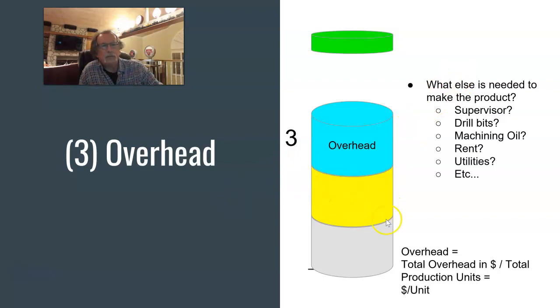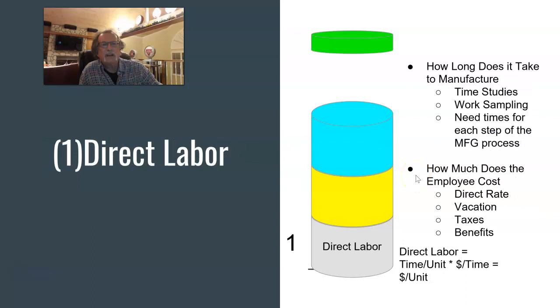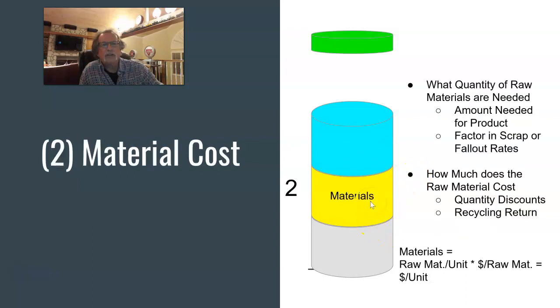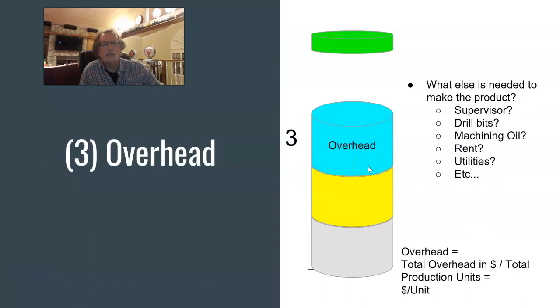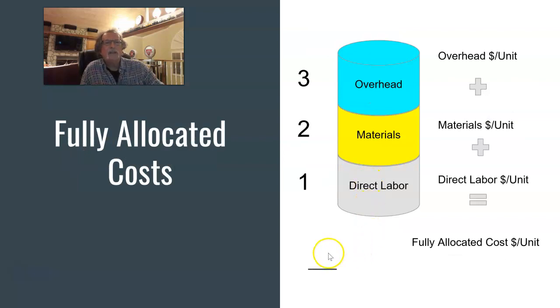So those are the 3 components of cost: direct labor, materials, and overhead. So the fully allocated cost is going to be the overhead per unit plus the material per unit and the direct labor per unit, and that gives us the fully allocated cost per unit.